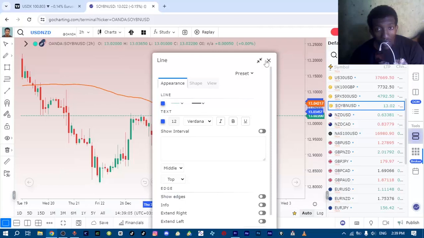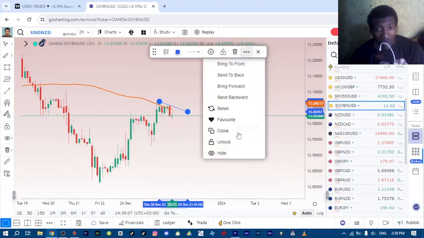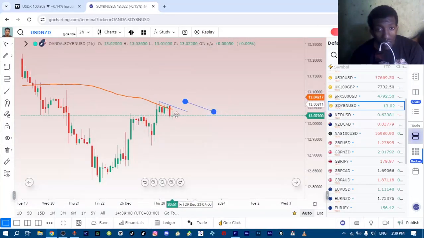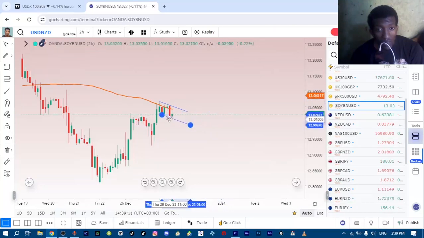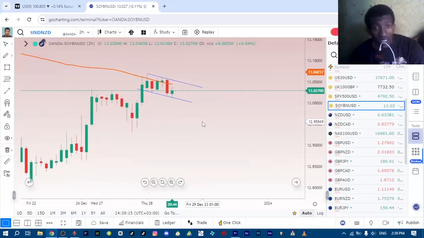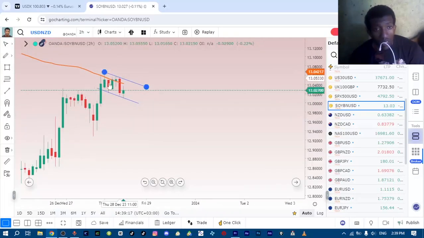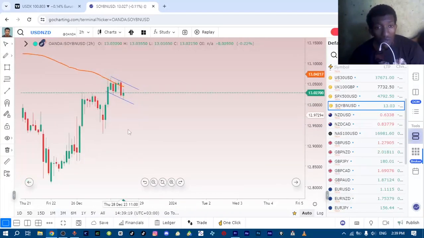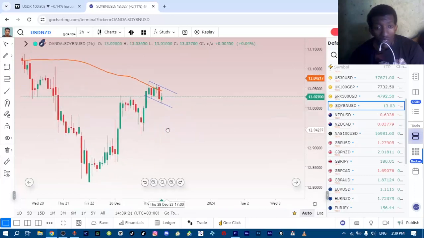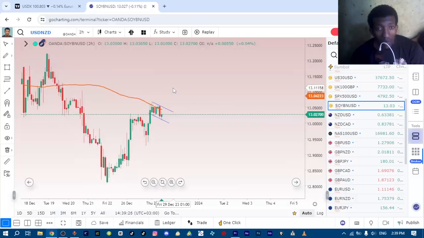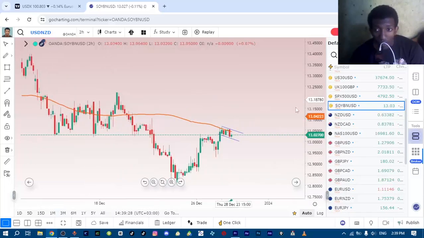So put it here and clone, bring it down here, and as you can see, this is how you do it, right? So this is how you identify consolidations. So now all we are waiting for is a breakout. Okay, we will be waiting for a breakout.